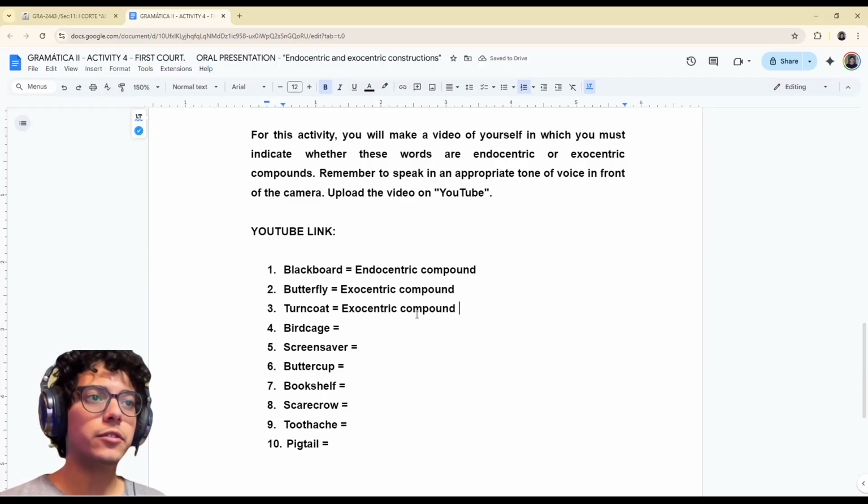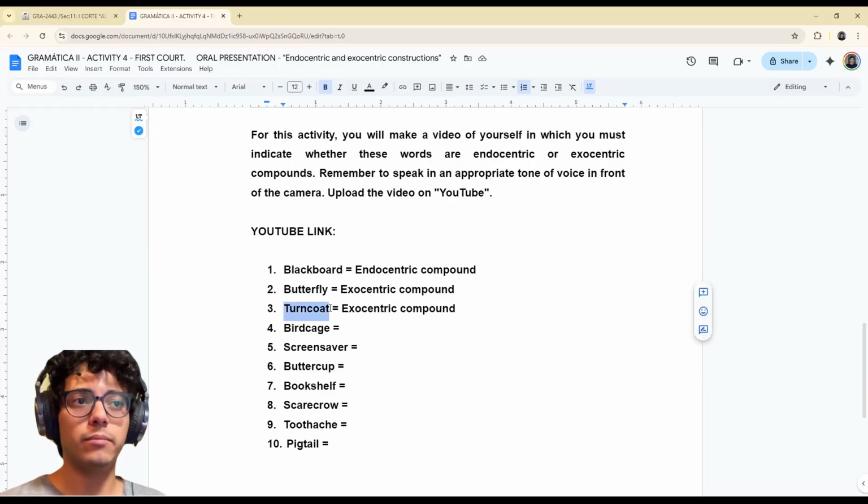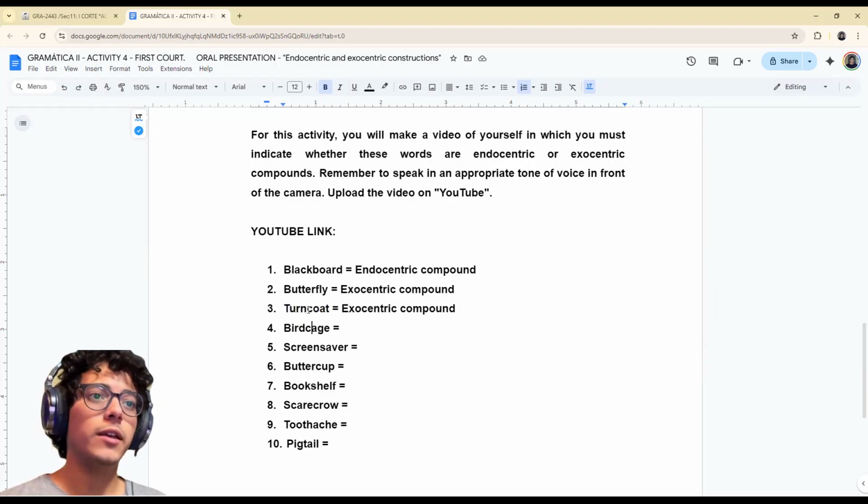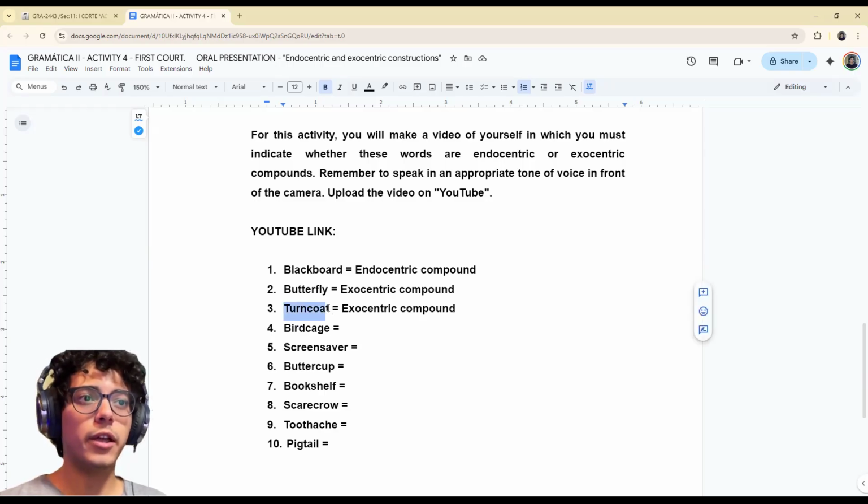What an exocentric compound means in very few words is that one of its main defining traits is that we cannot know the meaning of the word just by looking at the particles that make up the word. Turncoat has a meaning that is not related to coat or to turn.